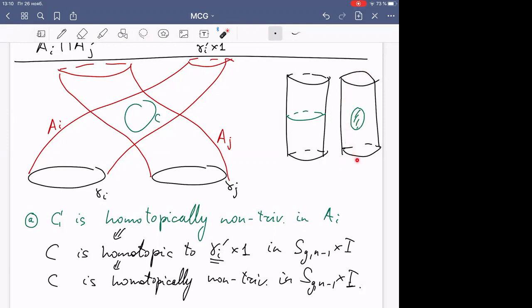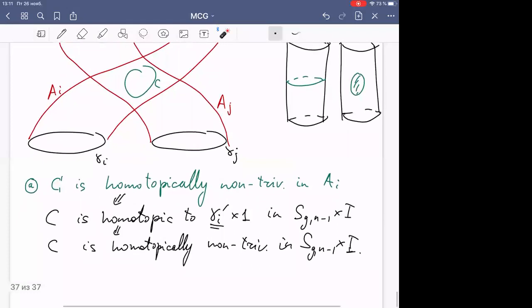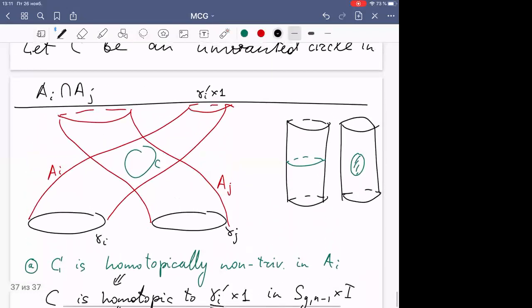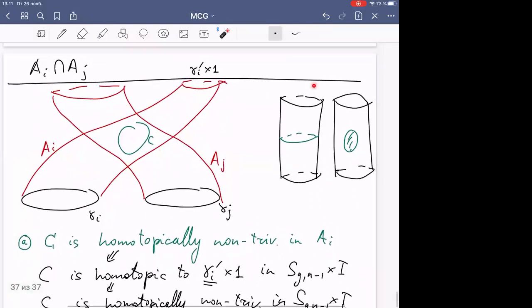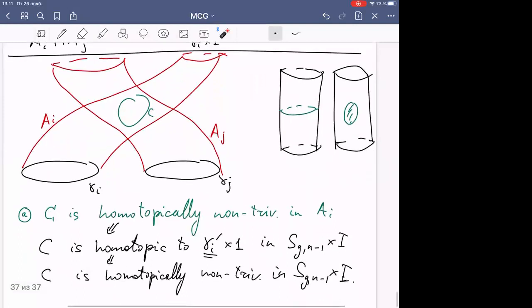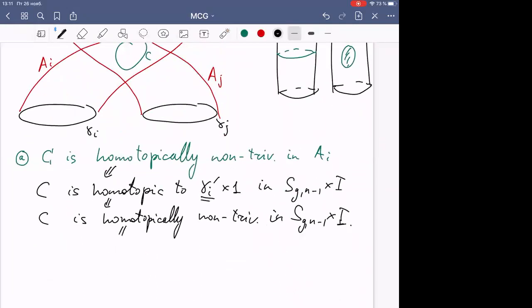It would be homotopically trivial in the annuli, and hence in this three-manifold. So we see that these two cases cannot mix with each other. So if we have the first case in one of the cylinders, then we also have the first case in the second cylinder too. So in this case, C is homotopically non-trivial in AJ as well.